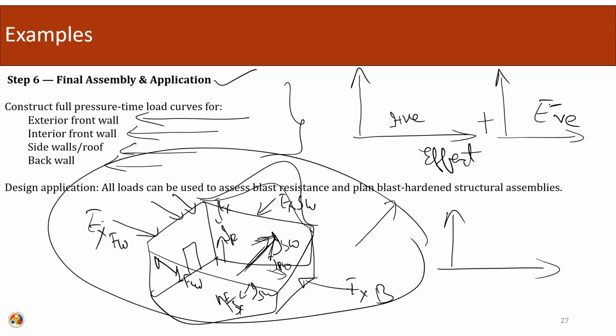So, the interior positive effect and the exterior negative effect we take together, because both are trying to push it outside. Similarly, we will also analyze the exterior positive, which is trying to push it inside, and we will design for the worst case scenario.